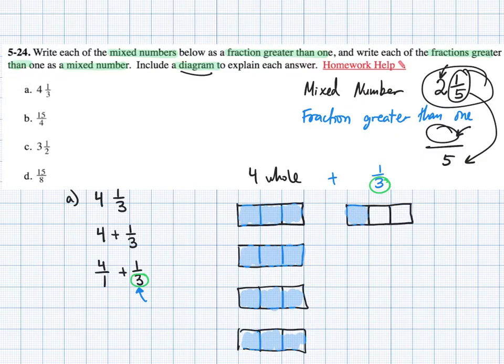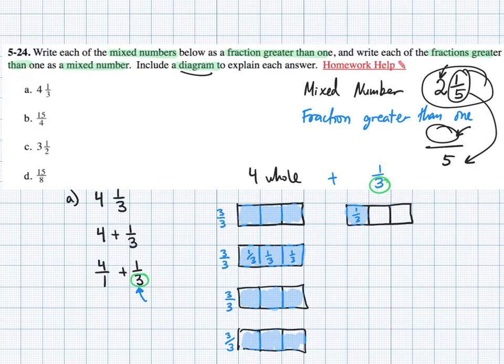So if I look at the picture, how many parts do I have? So this is 1/3. So how many of this do we have? Thirds. So here we have 3/3. Here we also have 3/3 because 1/3, 1/3, 1/3, right? So we can count how many of those we have.